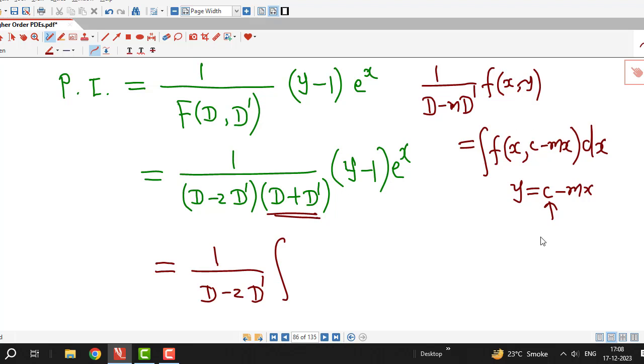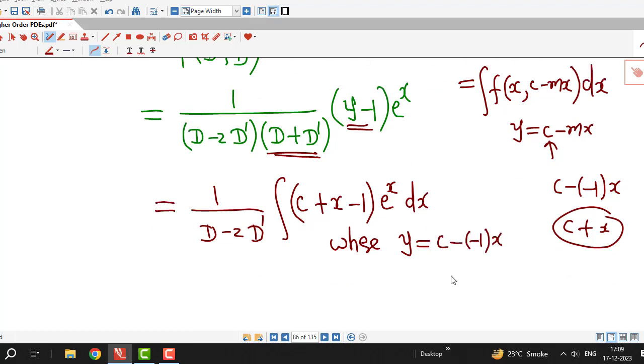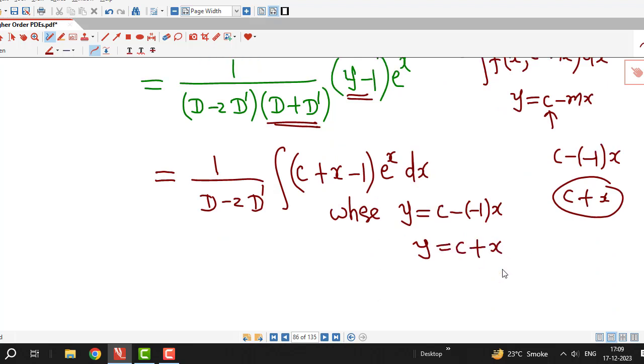So if m is minus 1, y is going to be c minus (minus 1) into x, that is c plus x. So here I replace y by c plus x, and after replacing y by c plus x, I integrate with respect to x. So here we write y equal to c minus mx, m is minus 1 here, so that is y equal to c plus x.